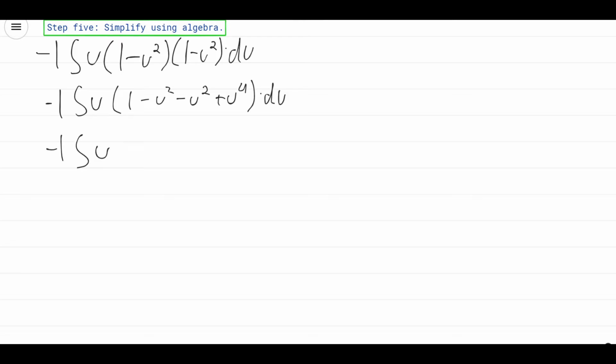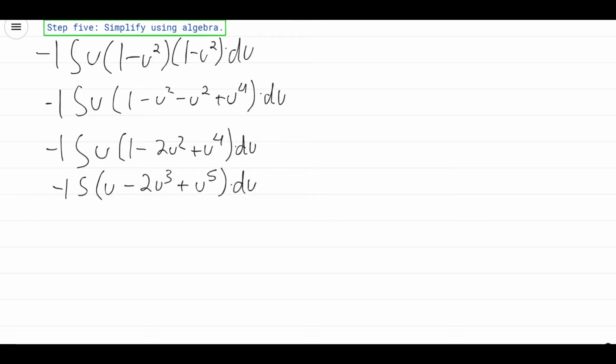Notice how these two terms are like terms, so I can simplify that to 1 minus 2u squared plus u to the 4th power times du. Now I'm going to distribute the u out. So u times 1 is u, minus 2u cubed, plus u to the 5th power times du.